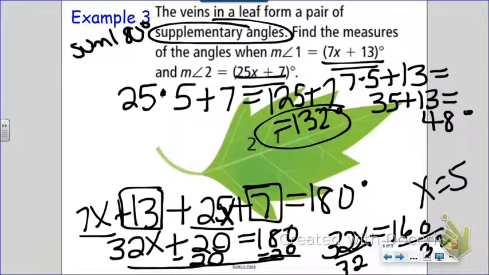So you might want to double check if your angles are right. That means your x is correct.